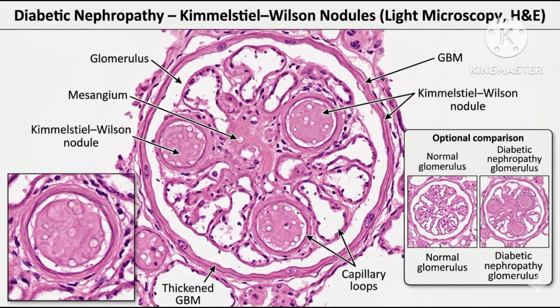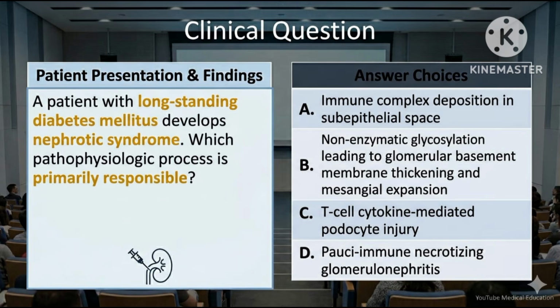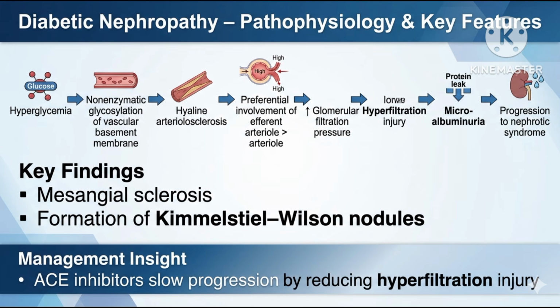Read this question stem. Patient with long-standing diabetes develops nephrotic syndrome. What is the pathophysiology behind it? High serum glucose causing non-enzymatic glycosylation leading to glomerular basement membrane thickening and mesangial expansion. Non-enzymatic glycosylation of renal arterioles will lead to hyaline arteriosclerosis.